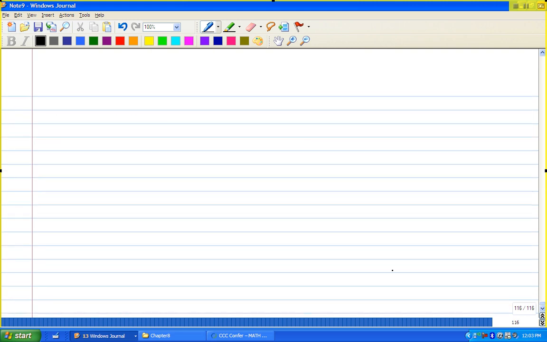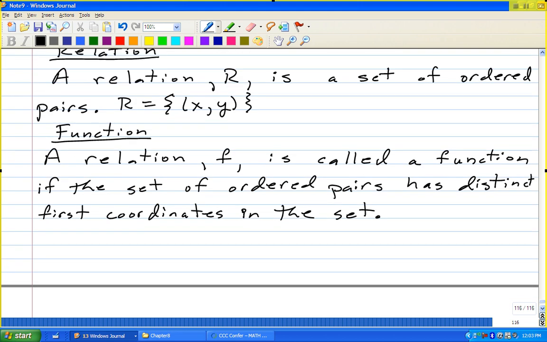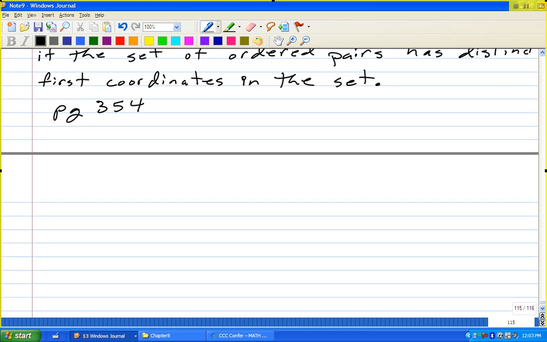Okay. And so let me do, on page 354, problem number, let's say, 34. Now what we're going to do is look and see how to classify ordered pairs to see if they are functions or not. In exercises 33 through 40, determine if the table defines a function or not. And so if this set of ordered pairs is a function or not.